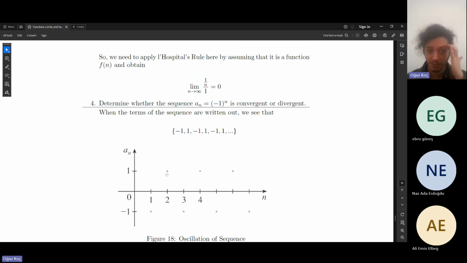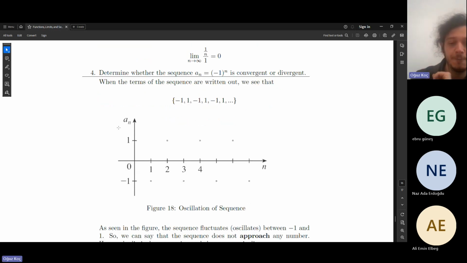We have the fourth example. Determine whether the sequence a_n equal to (-1) to the nth power is convergent or divergent. When the terms of the sequence are written out, we see that it's repeating itself. It starts with -1 and then +1 and then again -1 and then again +1. It goes like this.